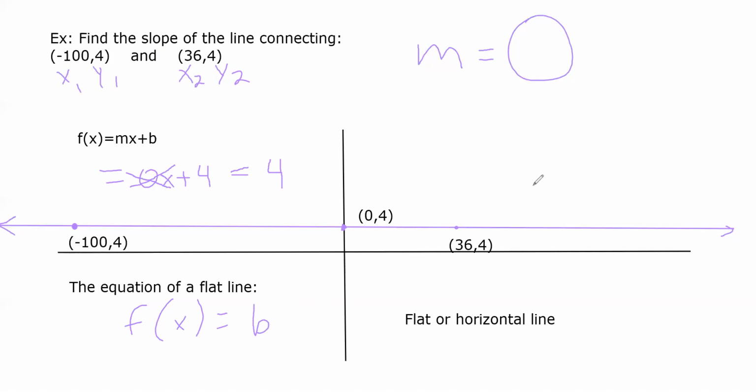Anytime you see y equals just some number, y equals 3, y equals negative 15, that is going to be a horizontal or flat line when you graph it. And so this line here specifically would be the equation y equals 4.